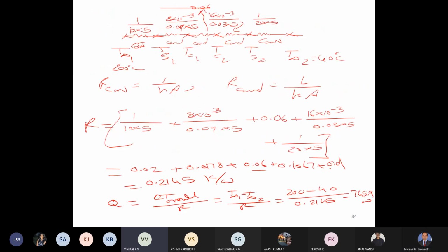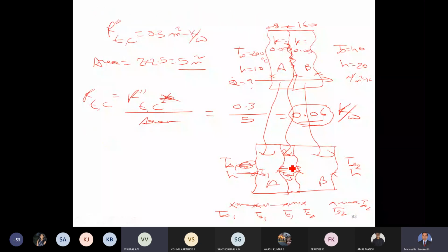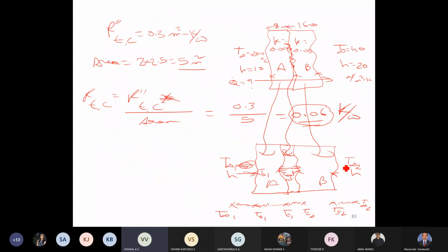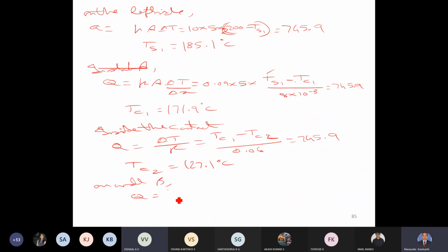Then finally, one more temperature is left: the surface temperature on wall B, which we represent as TS2. We can use the convection equation here. We could also use the heat transfer equation in the slab, taking this temperature in the delta T with thickness 16. That is one way; the other way is to use the convection condition for the same answer.